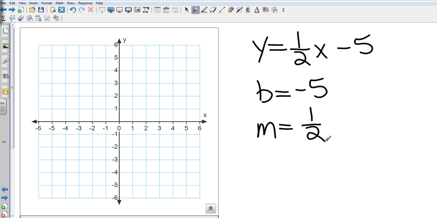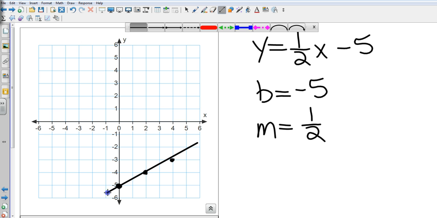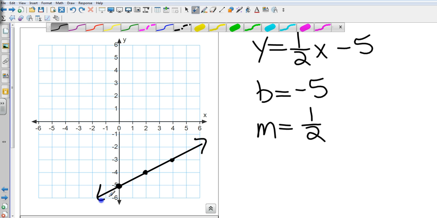So my y-intercept is negative 5 right down here, and my slope is up 1 over 2. Up 1 over 2. So that's my nice line. Okay, so there's my line.